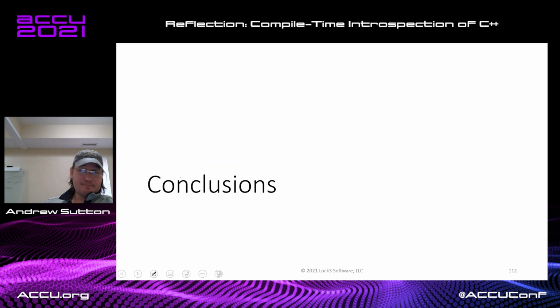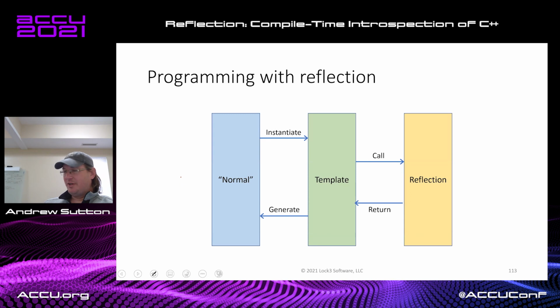So I am now at my conclusions. Just an observation on the structure of a lot of the examples here. All of the examples, with the exception of the last two cases with namespace template parameters and its specialization, have this sort of pattern: we have normal code that's just calling into a typical template facility, just a generic library.